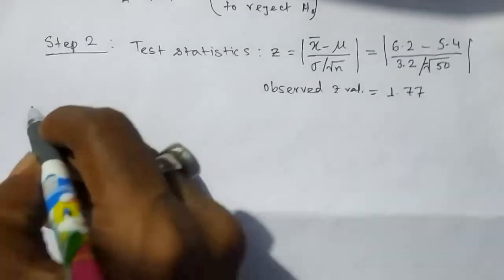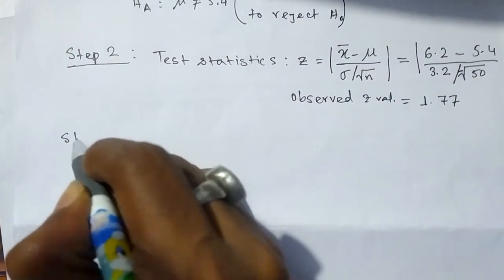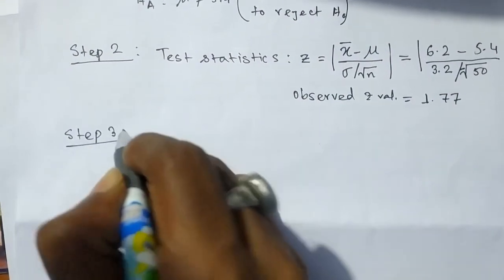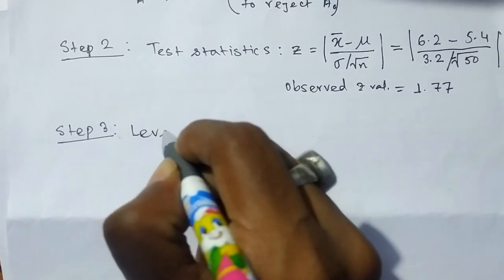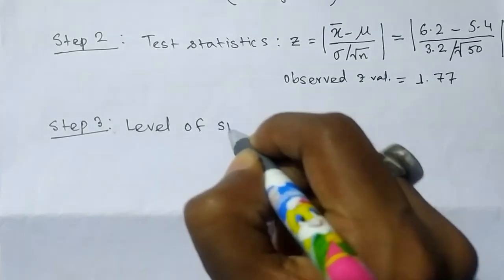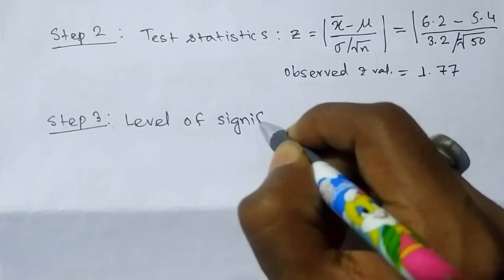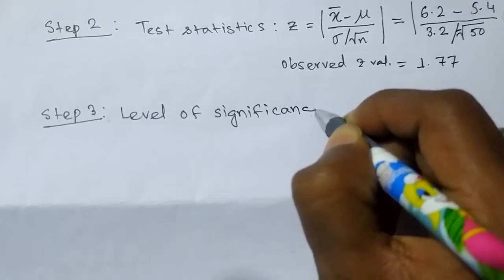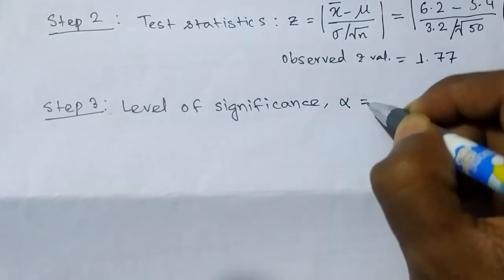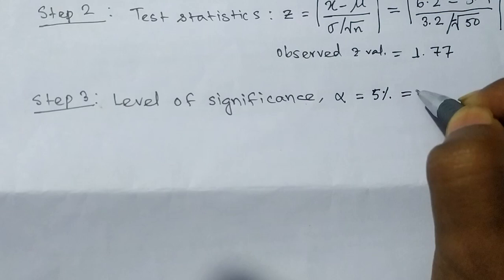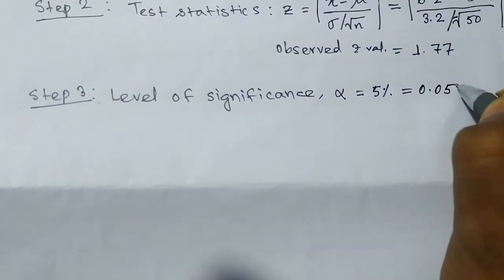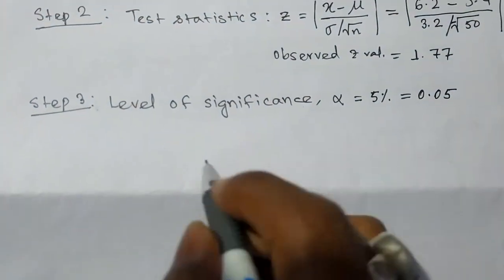Now what is my step 3? In step 3, the level of significance given in the example is alpha equal to 5%. That means it is equivalent to 0.05. This is my level of significance.